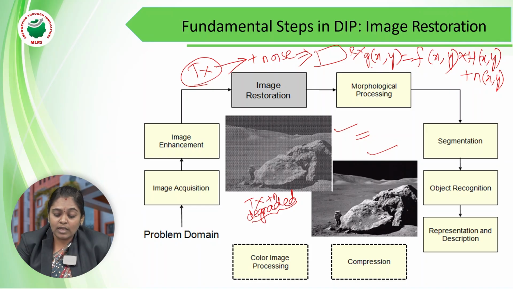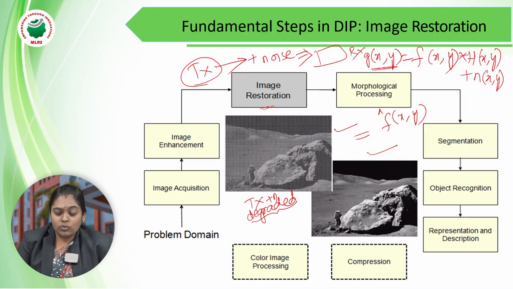This g of x comma y is called a degraded image. This degraded image is transmitted from the transmitting end to the receiver end. At the receiver side, we have restoration filters by which this g of x comma y can be converted into f cap of x comma y. This f cap of x comma y is the approximated input image.